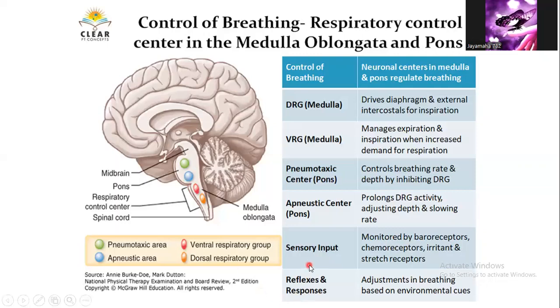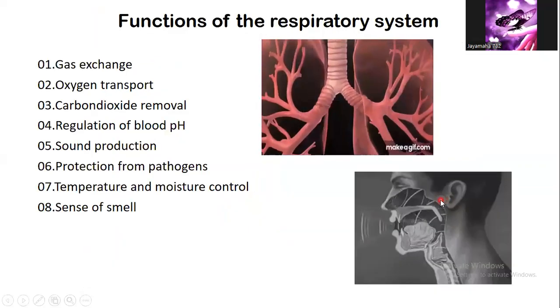Then the sensory output: breathing is monitored and adjusted by the baroreceptors, chemoreceptors, irritant and stretch receptors. Then the reflexes and responses help adjust breathing based on environmental cues.